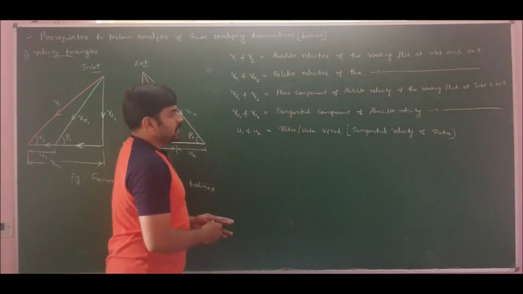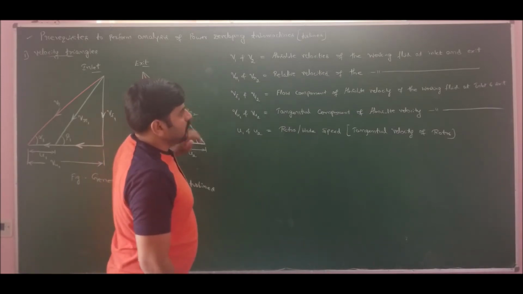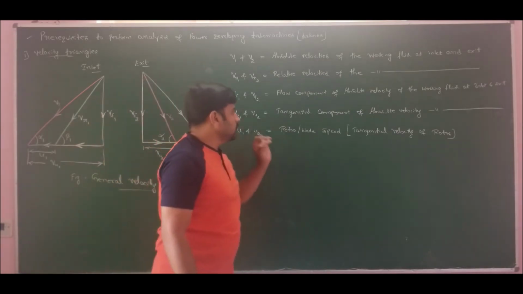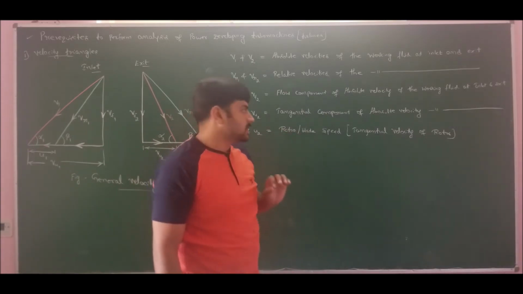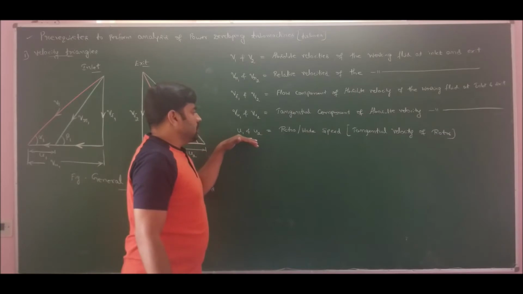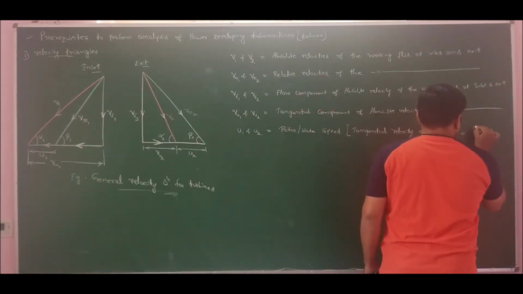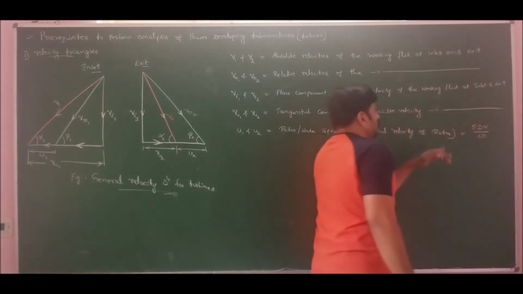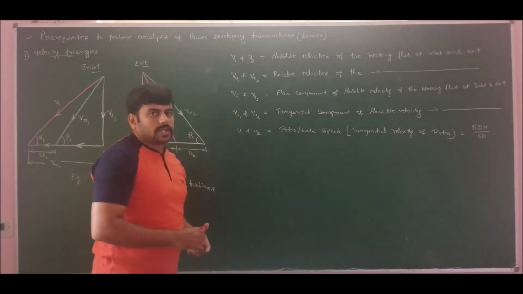Kindly make a very important note. Only the working fluid has many components of absolute velocity, whereas whenever you see the word blade or rotor, it has only one velocity, no components, that is U denoted by U1 and U2, which is calculated by using the formula pi d n by 60, where d in meters is the diameter and n is the speed of the rotor in rpm.